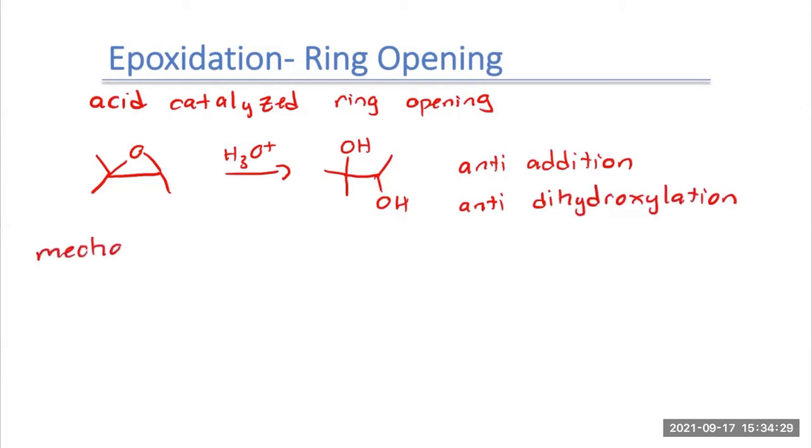And so looking at the mechanism for this ring opening, if we start with our epoxide and we have our acid, what'll happen first is the oxygen from the epoxide will get protonated.